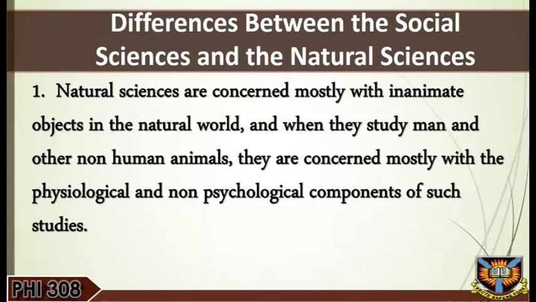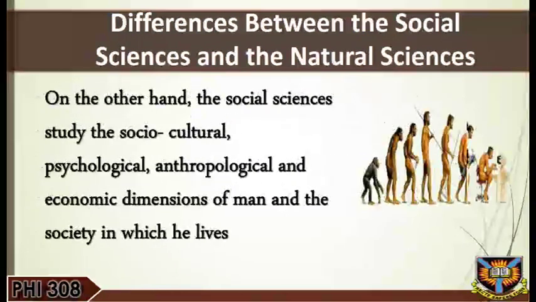First is in the area of their objects of study or investigation. The natural sciences are concerned mostly with inanimate objects in the natural world, and when they study man and other non-human animals, they are concerned mostly with the physiological and non-psychological components of such studies. On the other hand, the social sciences study the socio-cultural, psychological, anthropological, and economic dimensions of man and the society in which he lives.